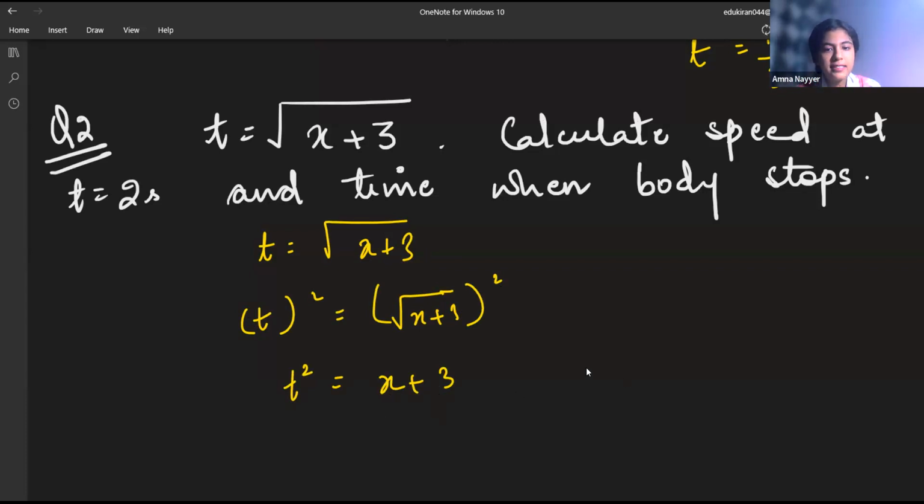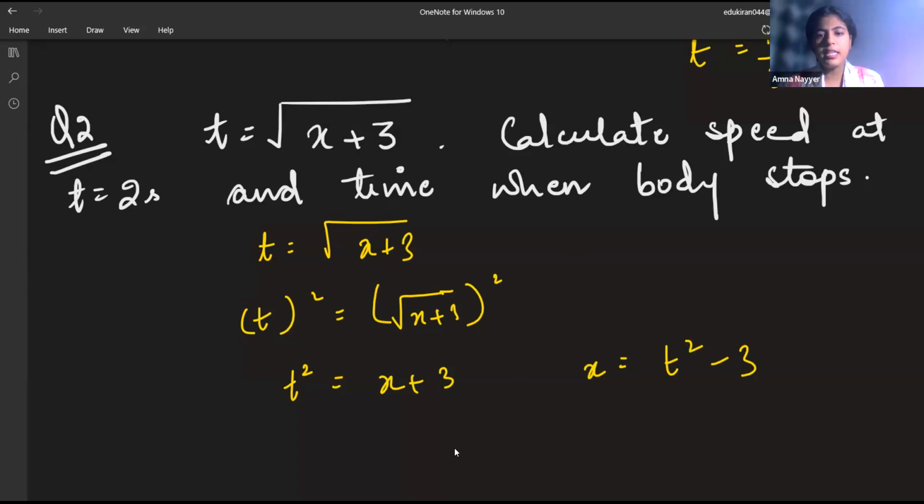How can we write x now? x becomes t square minus 3. This equation all of you can solve. When you have such equations, just modify it yourself, and you will get the final answer also.